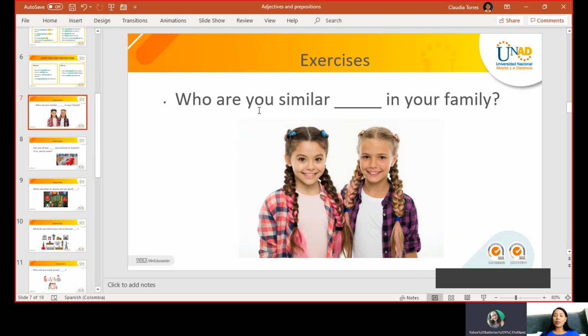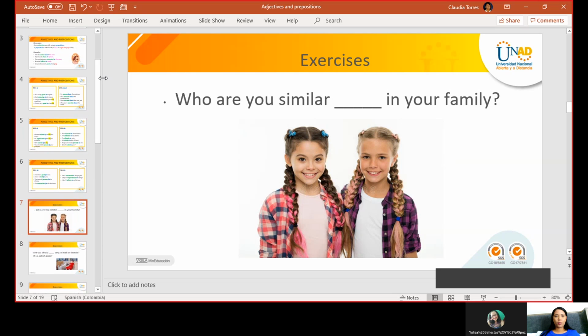Okay, so now look at the question here. So who are you similar, there's a blank, in your family. Who are you similar? So here you need to fill in the blank with the right preposition. Okay.